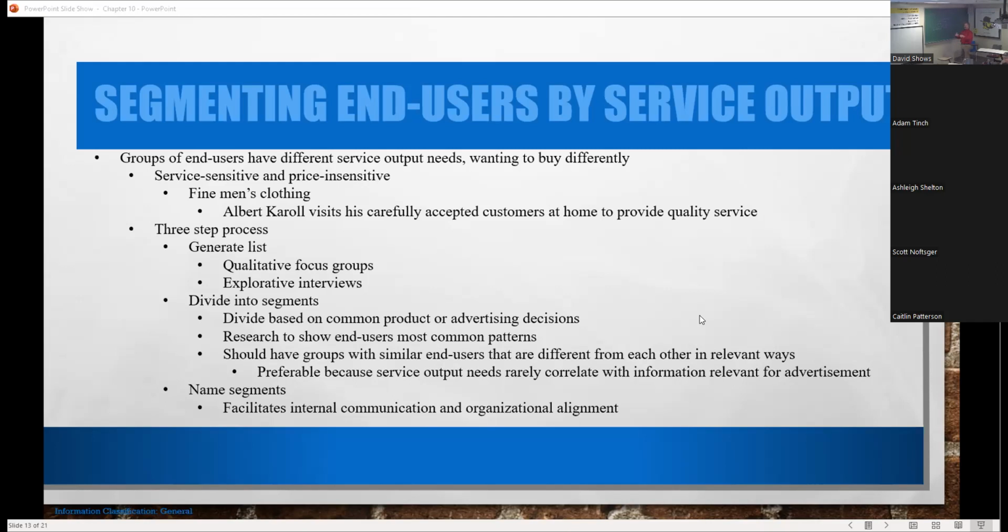In other words, we look for groups that are mutually exclusive, not like each other, and collectively exhaustive, all of those that are like each other. So what we try to do is see how all of their service outputs relate to each other. And then the last thing is we name them.